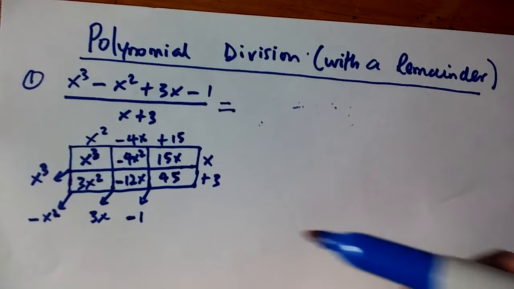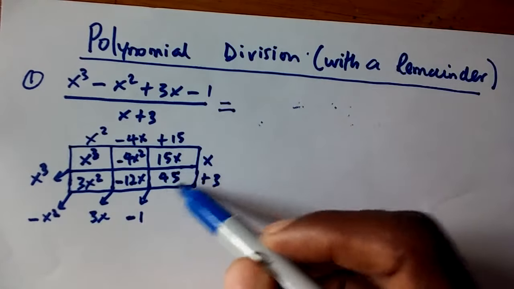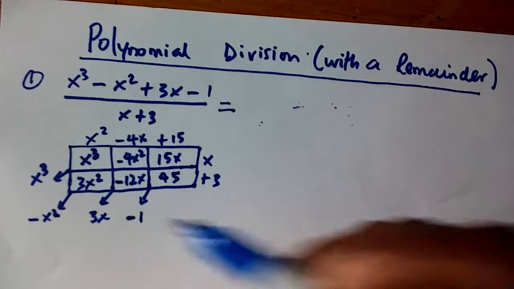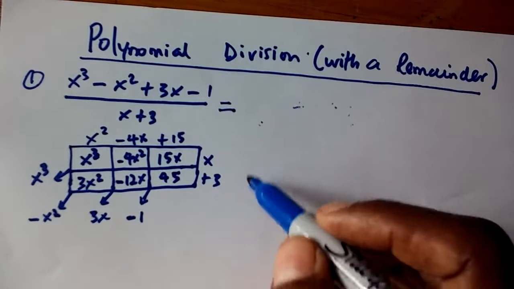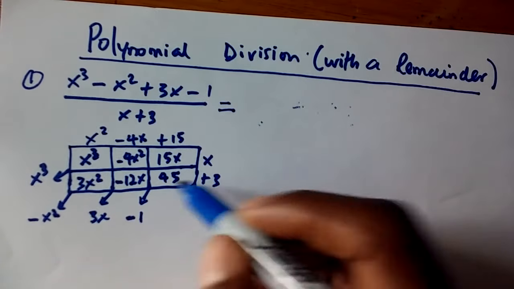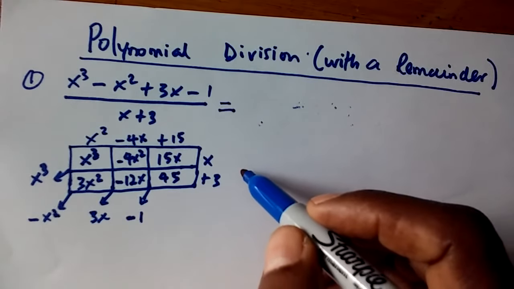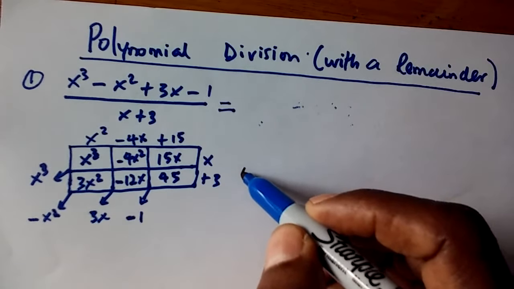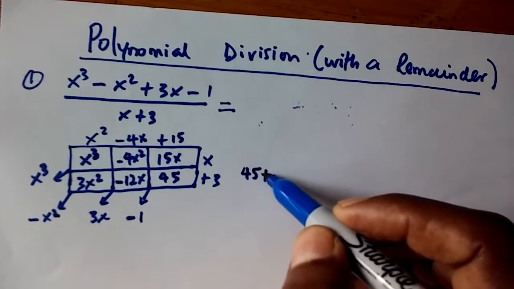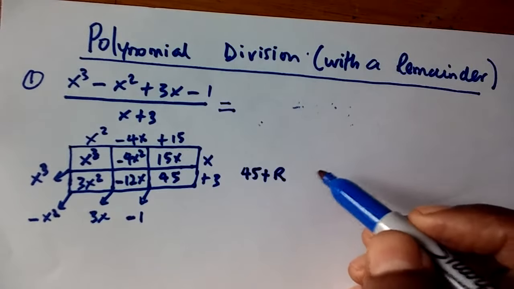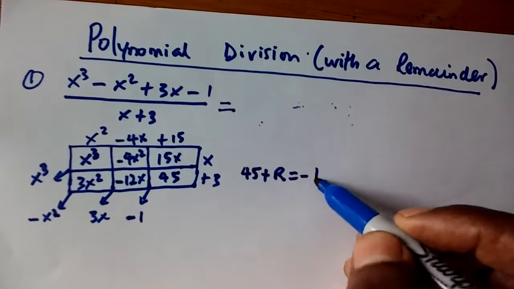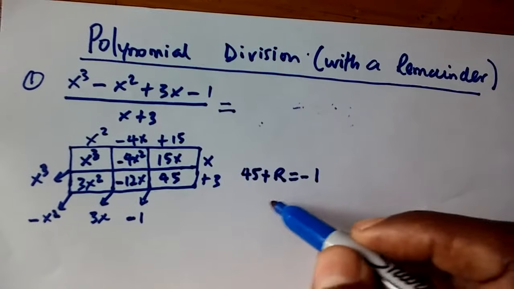So we need to find a way to add something to 45 that will give me -1. I'm going to call that thing R, to represent the remainder. So I'm going to set up an equation like this. 45 plus some number must give me -1 in this diagonal.